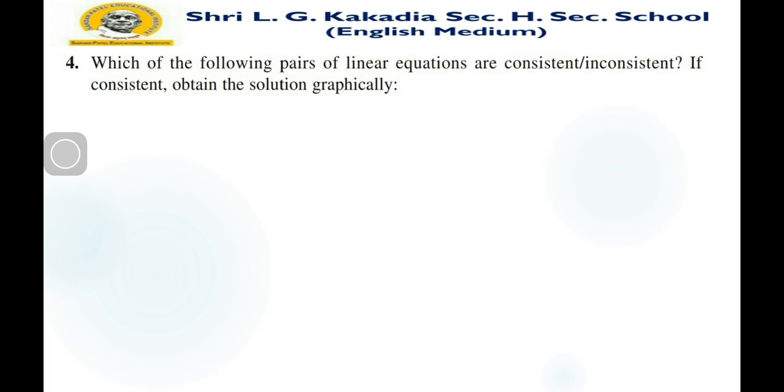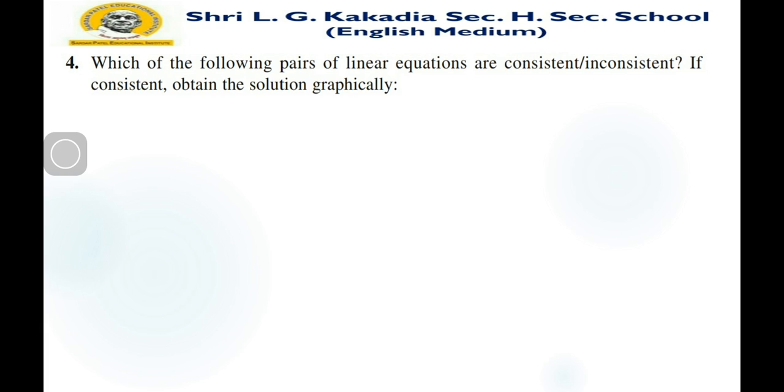If we find the solution of the given two linear equations, then we can say that this pair of linear equations is consistent. And if we do not find the solution of this pair of linear equations, then we can say that this is inconsistent linear equations.